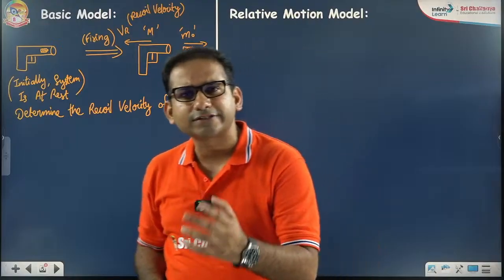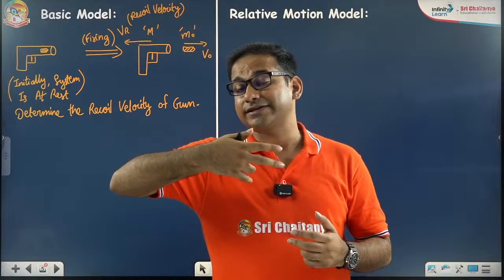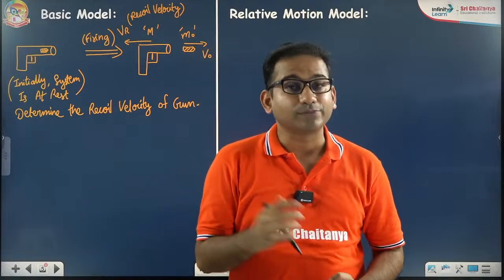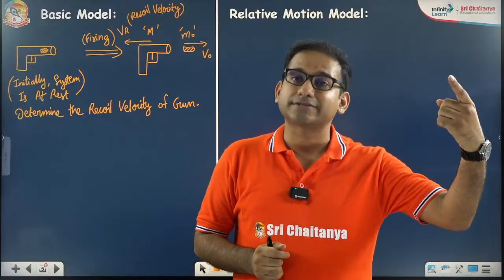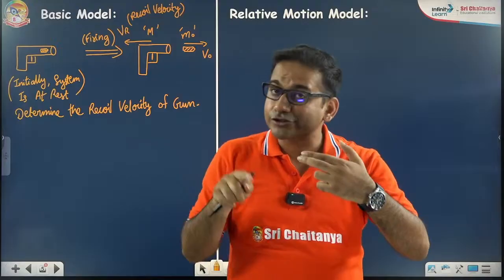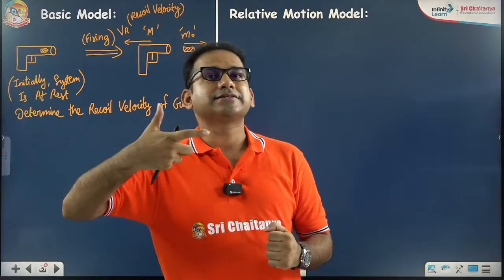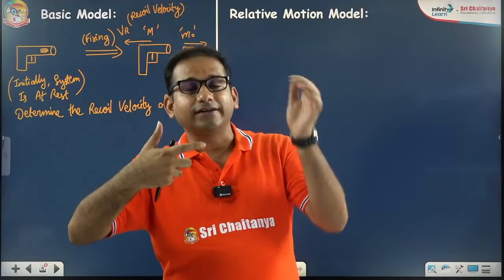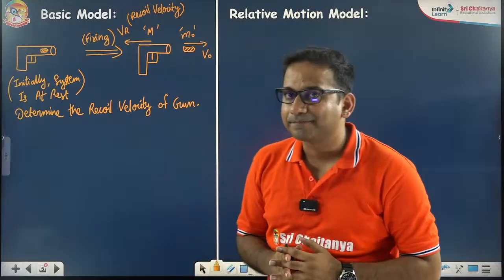Similarly, the gun was initially at rest and now it experiences a recoil, which means the gun's momentum is also changing. If you consider the bullet as a system, there is an external force applied by the gun, which will change the momentum of the bullet. If you consider the gun as a system, there will be a reaction force offered by the bullet, which will change the momentum of the gun.